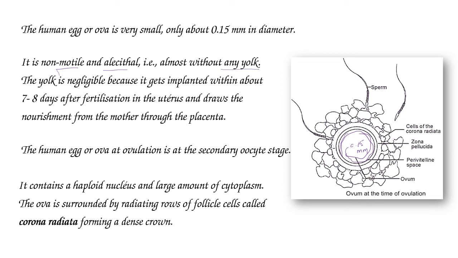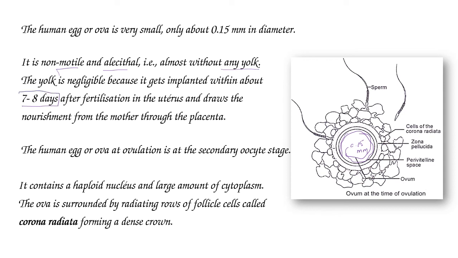That means there is a lack of yolk. Just now in differences, we said that it consists of reserve food material. So it is almost without any yolk, that means maybe some little amount may be present. And why is it alecithal? That answer we will get here, because it consists of a negligible amount of yolk, because the fertilized egg is implanted within 7 to 8 days.